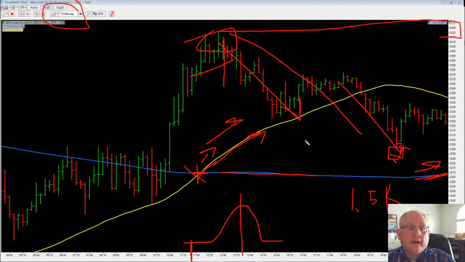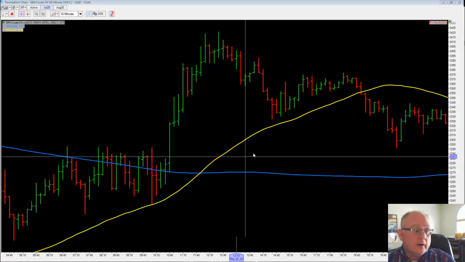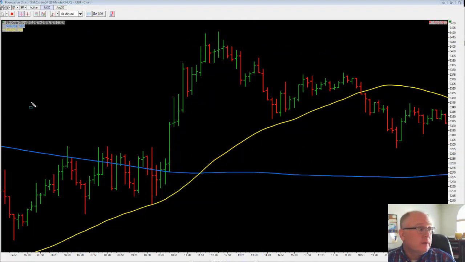What you want to use this for is just trying to figure out where is the trend and what is the counter trend in any given time period. So in this case, if we're looking at strictly the 10-minute chart, at this point in time where it crosses over, the trend side is an uptrend and the counter trend is coming down this way.